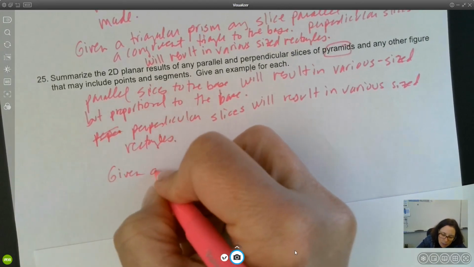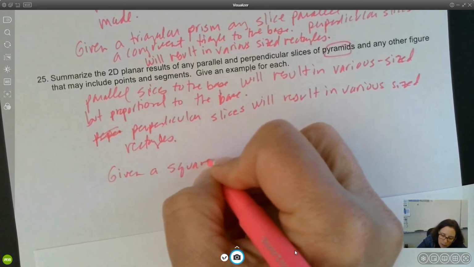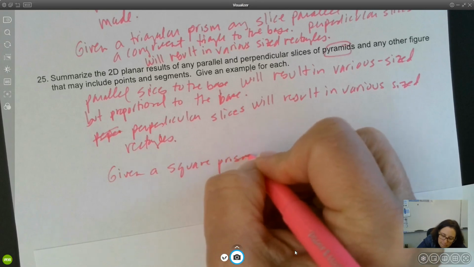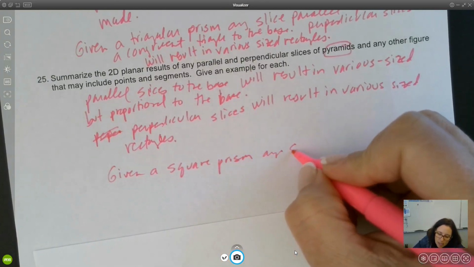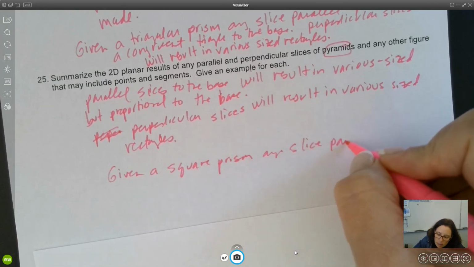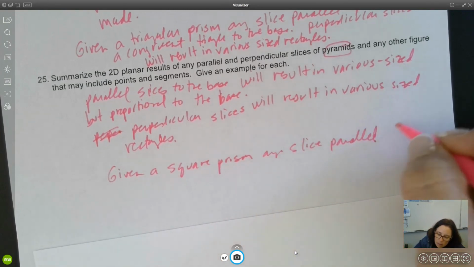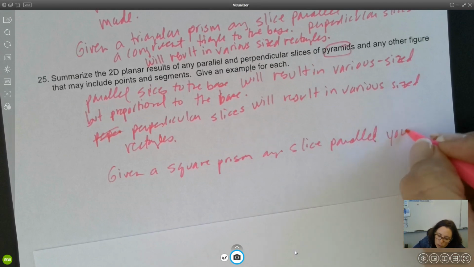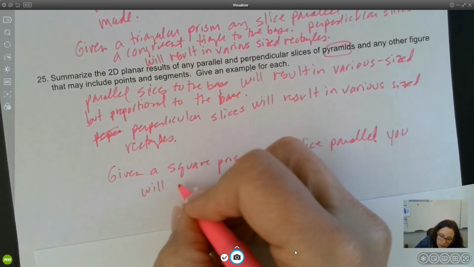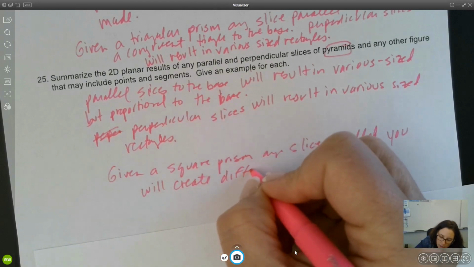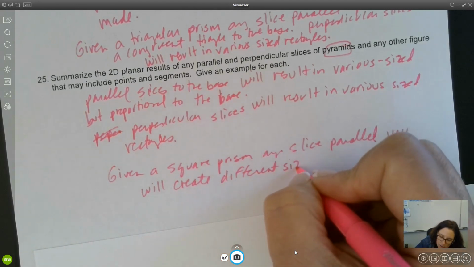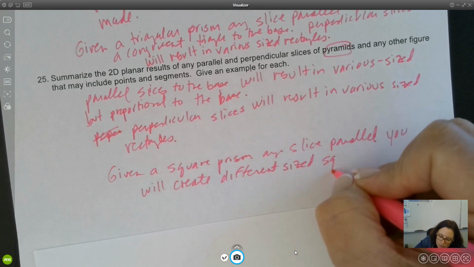Given a square prism, any slice parallel will create different sized squares.